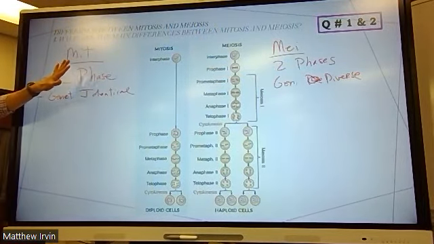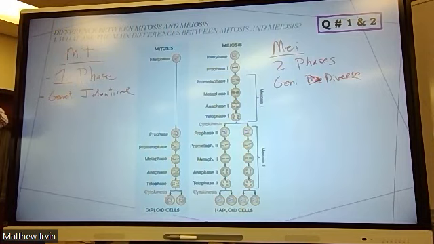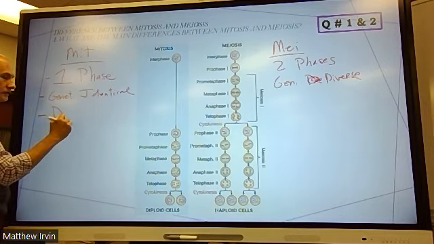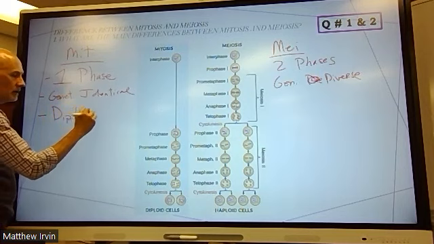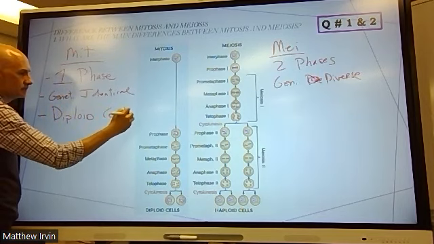Both of these are going to require the chromosome to double in the S phase of interphase. That's what forms the sister chromatids. In mitosis, the chromosomes will line up in the middle during metaphase, and then those sister chromatids will separate. In the end, you will have two diploid cells.